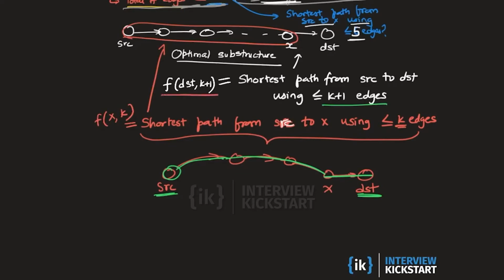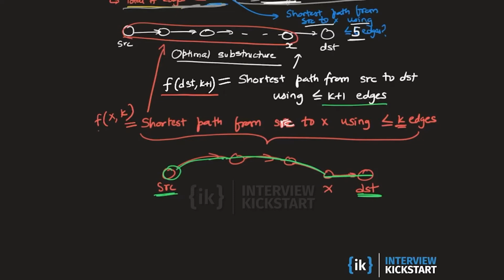Right, let's say f of destination comma k plus 1 is the shortest path up to that destination which uses less than or equal to k plus 1 edges. And here we are assuming that the source is a global source, so I'm not putting it as a parameter within f.